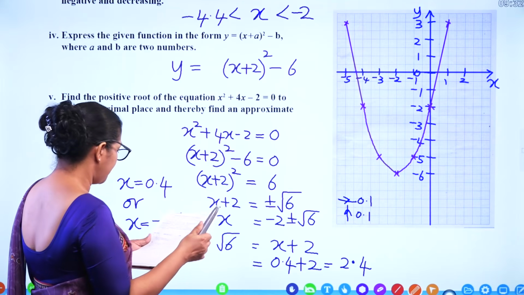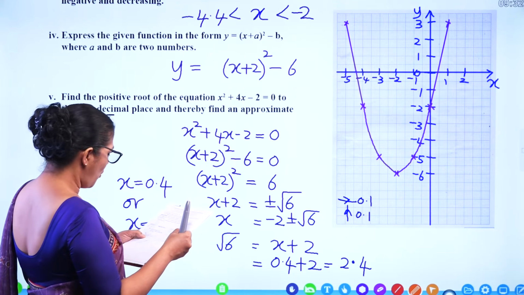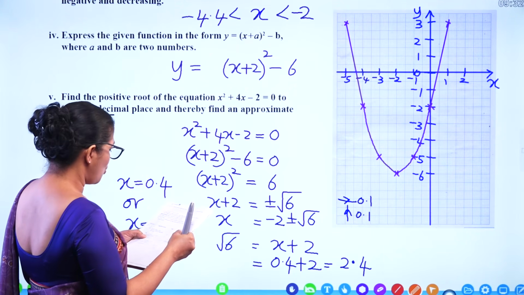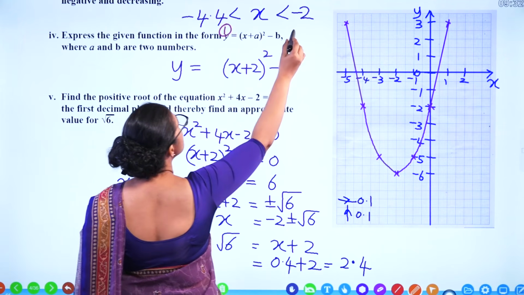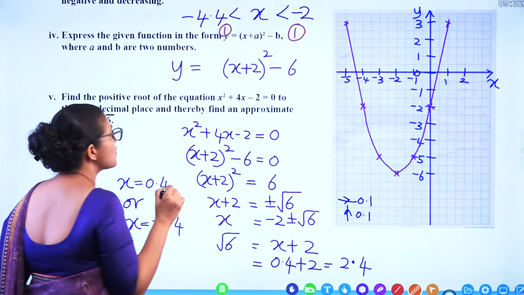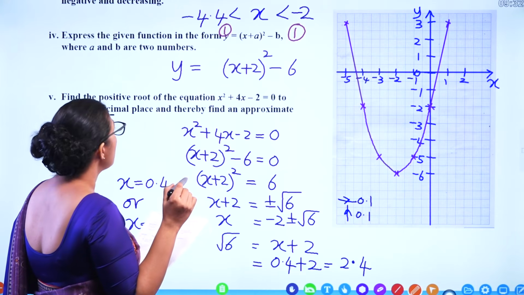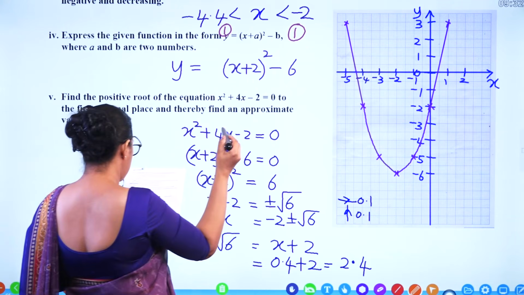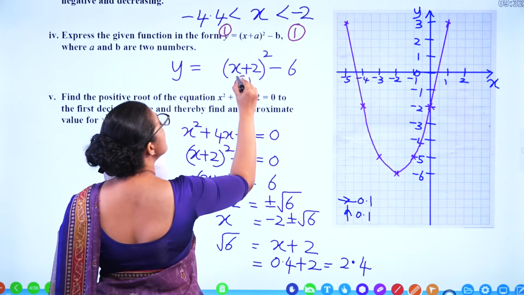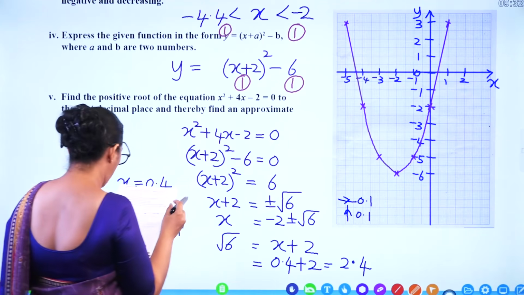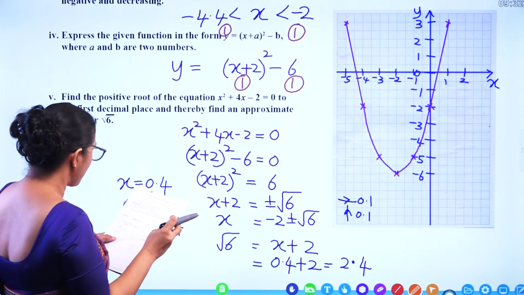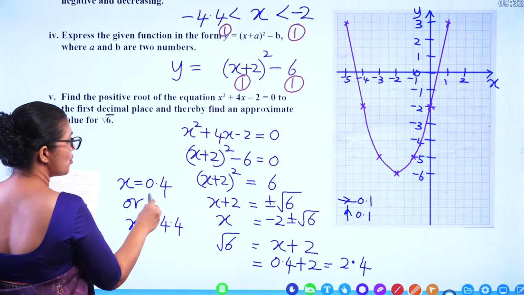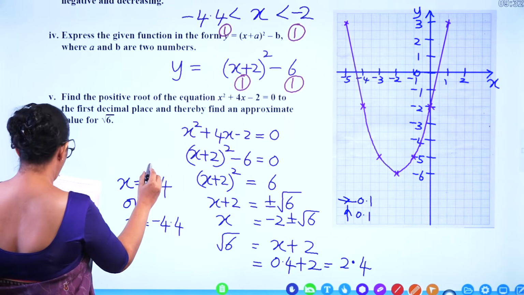Third part, minus 4.4 to minus 2. You get 2 marks: 1 mark for this boundary and 1 mark for this one. And y equals (x plus 2) squared minus 6, you get 2 marks, 1 and 1. And y equals 0, the positive root 0.4, that's 1 mark.